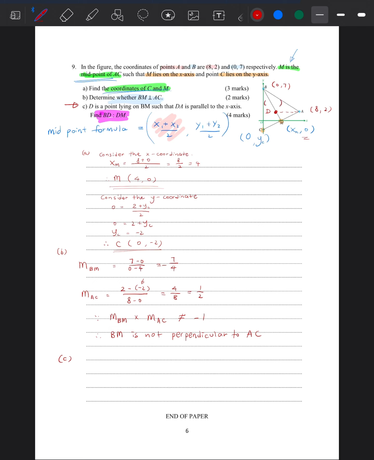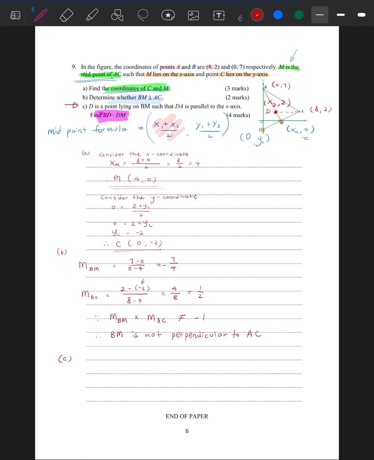When we say they're on the same height, you don't need to do any calculation at all. You can already say that D has the y-coordinate same as your point A, which is 2. So when we do that, we can consider the y-coordinate only.